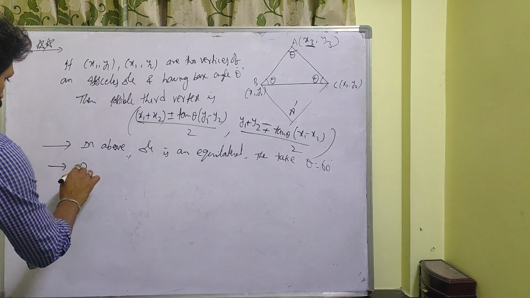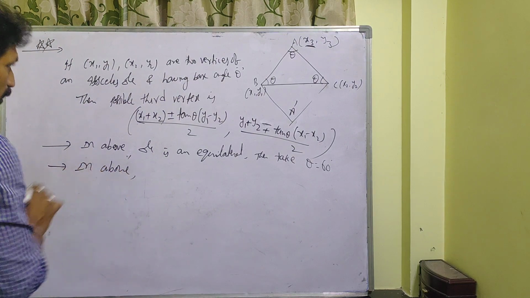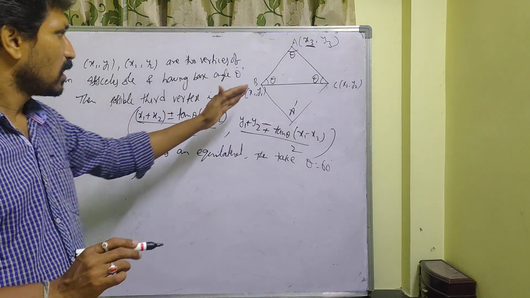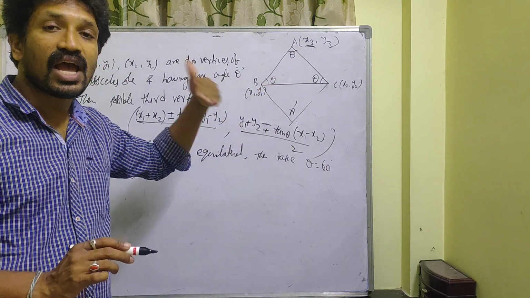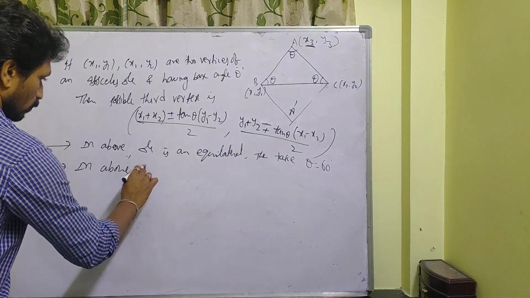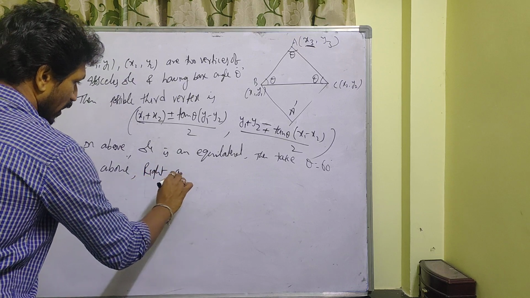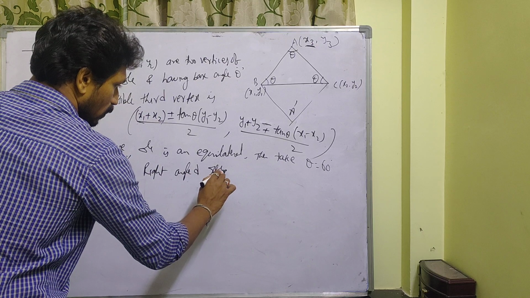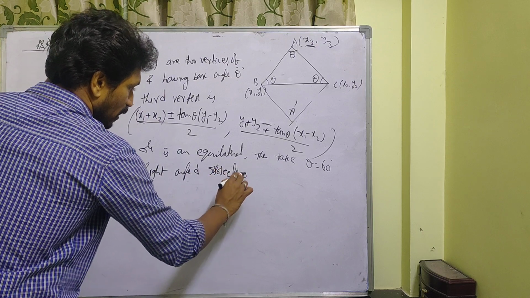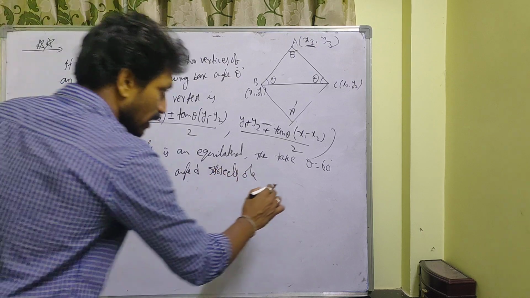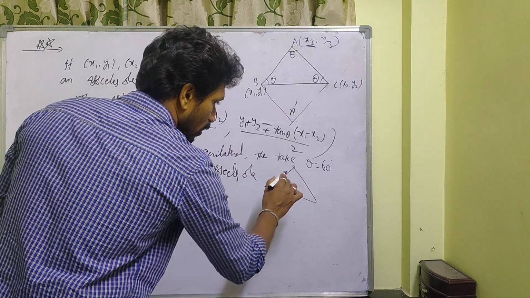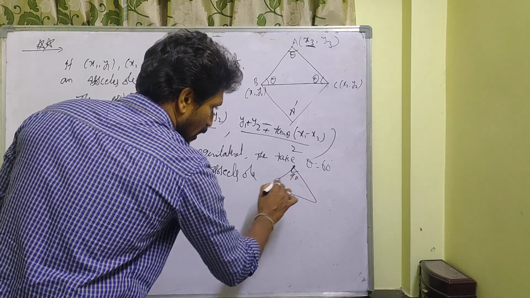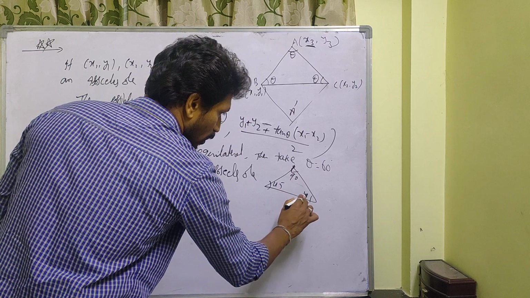In the above, if it is a right angle isosceles triangle, what is a right angle isosceles triangle? It will have 90 degrees, and the base angles should be 45.